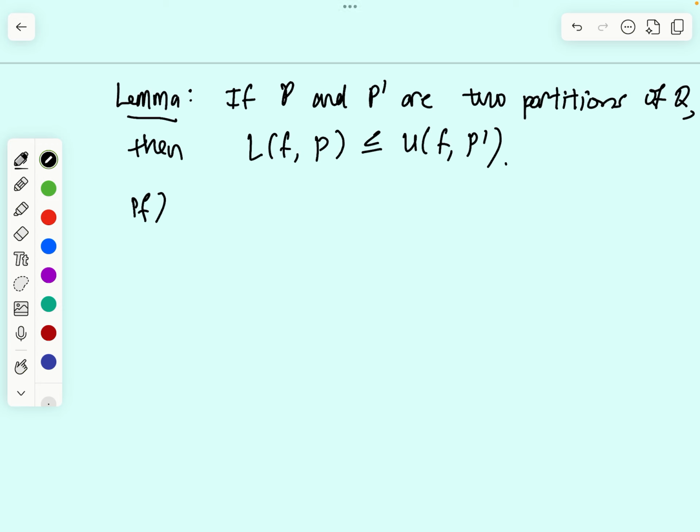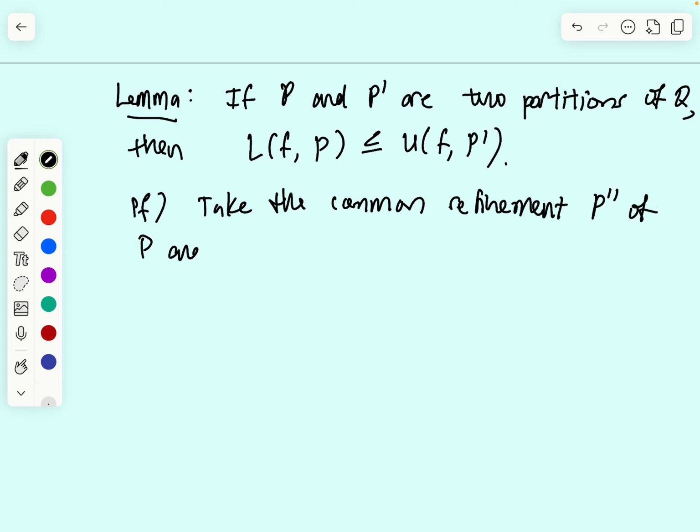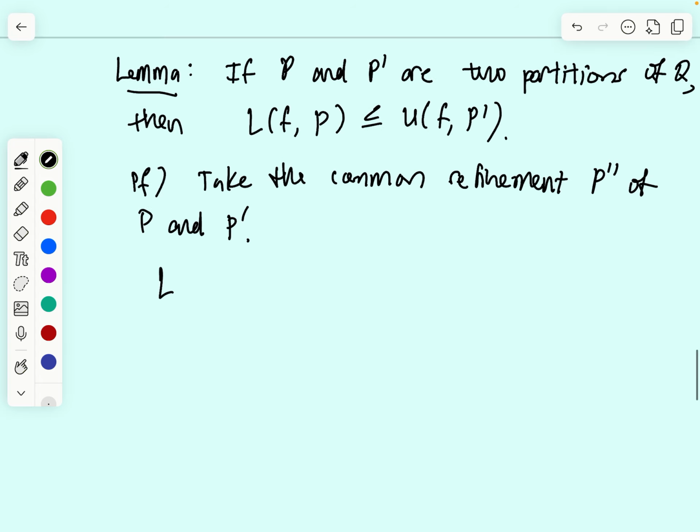Then what you can do is take the common refinement P double prime of P and P prime. Then the lower sum associated with P is less than or equal to the lower sum associated with P double prime.